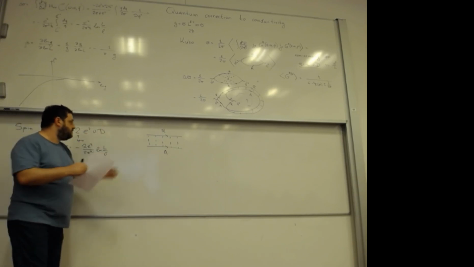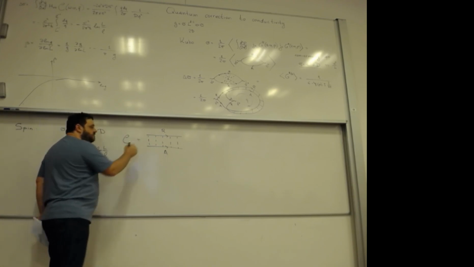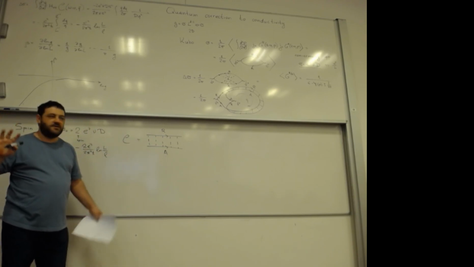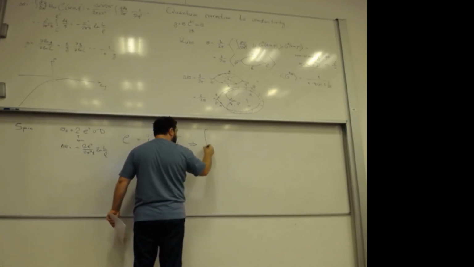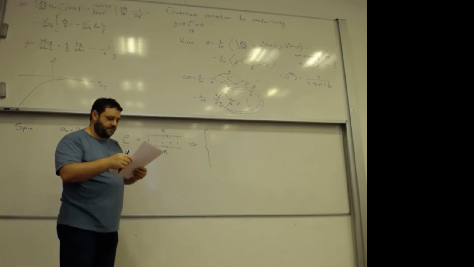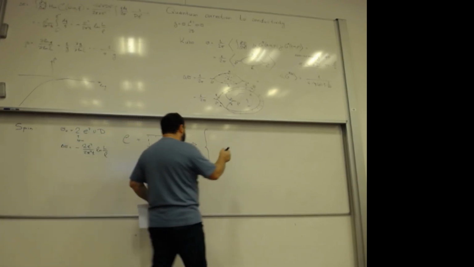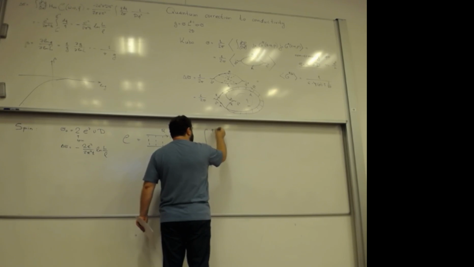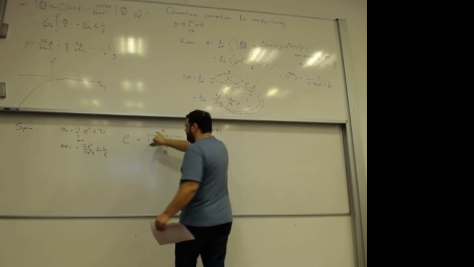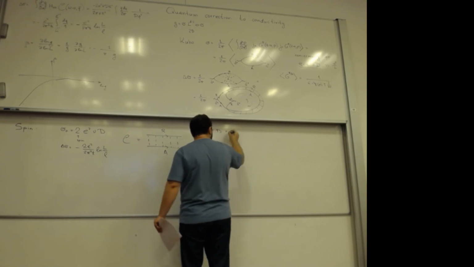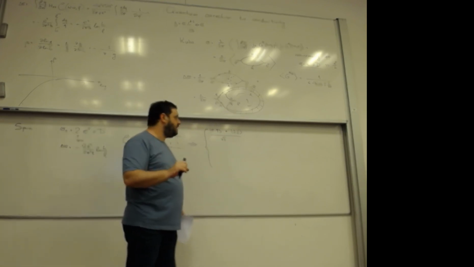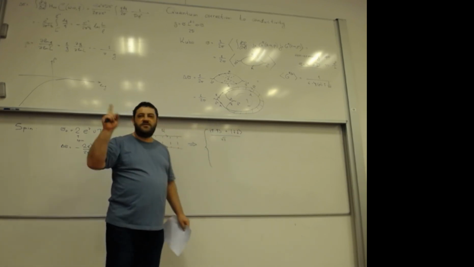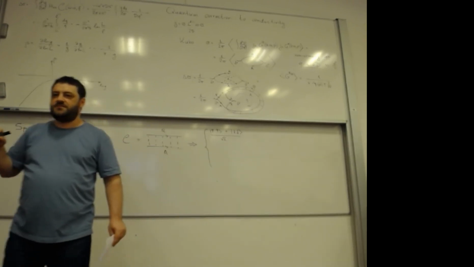So for the Cooperon, there are actually 4 possibilities for how we can put spin labels. And these 4 possibilities, we will give names to them. Possibility number 1, both lines carry spin up, plus spin down, divided by the square root of 2. This is just normalization. Now, very tricky question. What's the name for this state?